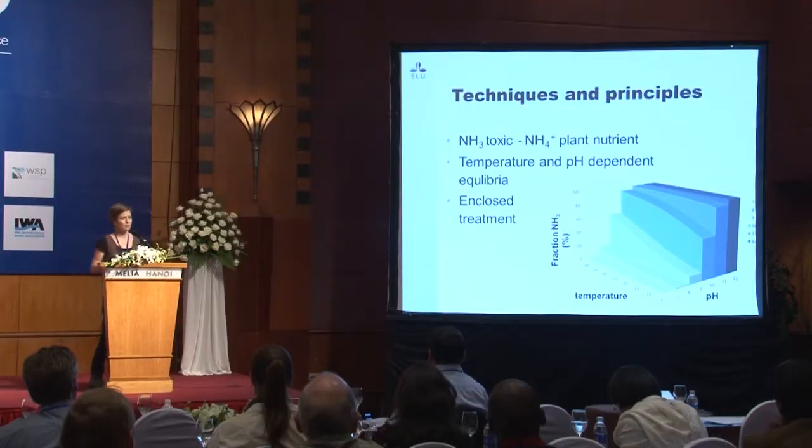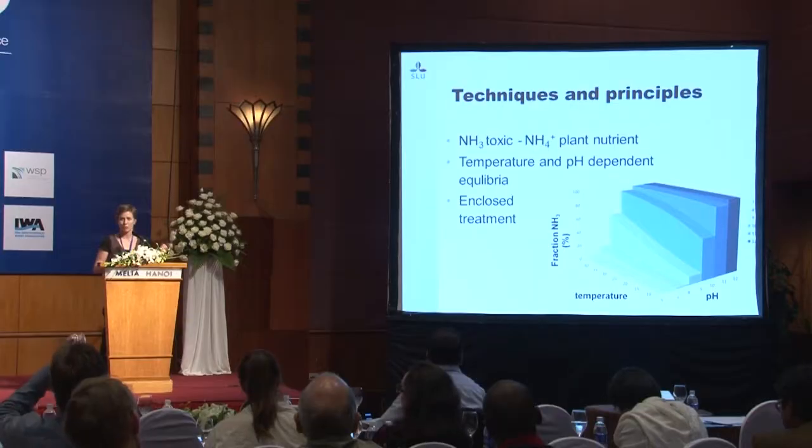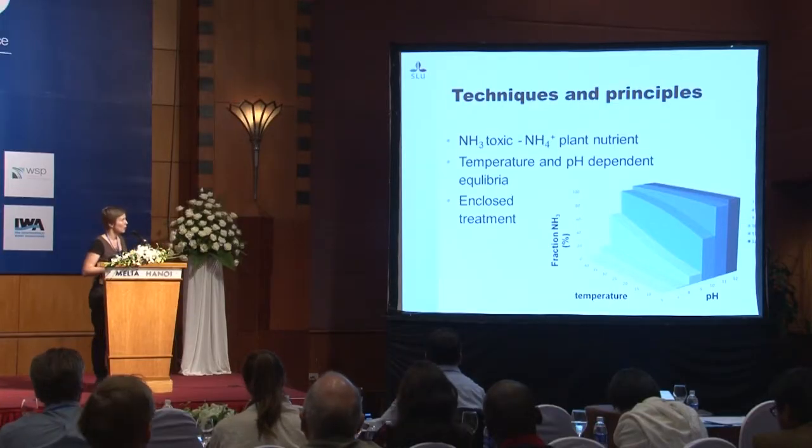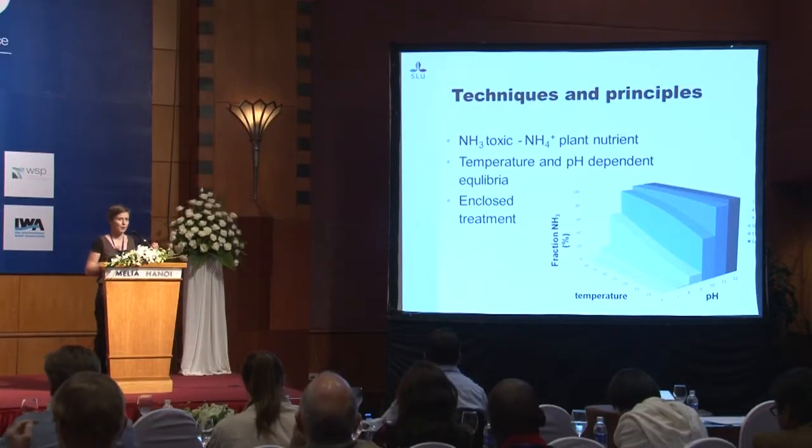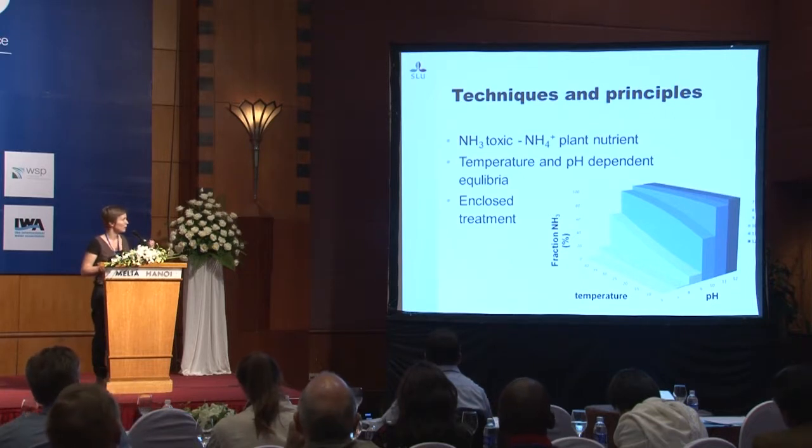So, some techniques and principles: it is the ammonia in the uncharged form that is toxic to the pathogens, whereas the ammonium ion can be taken up as a plant nutrient. So we want to have as much of the ammonia in the toxic form, and that equilibrium is pH and temperature dependent.